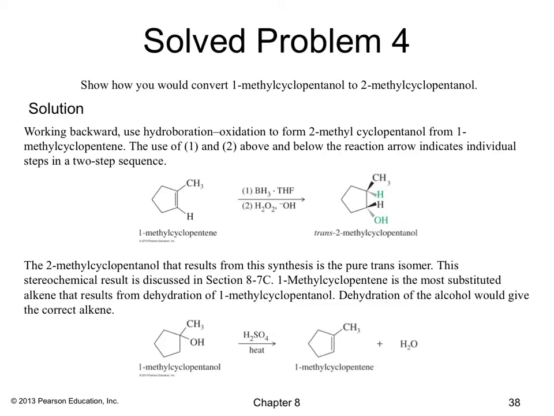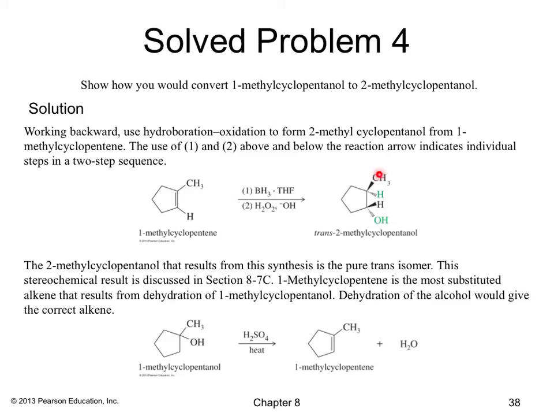So let's look at problem 4. How would you convert 1-methylcyclopentanol to 2-methylcyclopentanol? So 1-methylcyclopentene in the presence of step 1, borane and THF, and step 2, hydrogen peroxide and OH, will generate the syn product, right, in which you have 2-methylcyclopentanol.